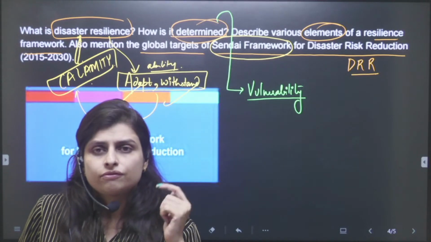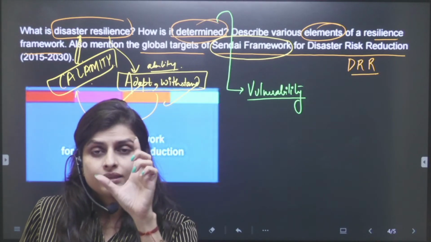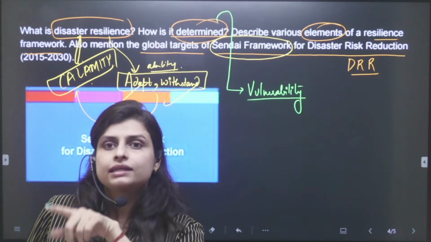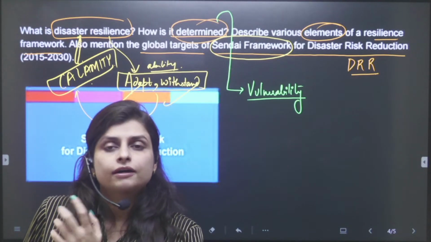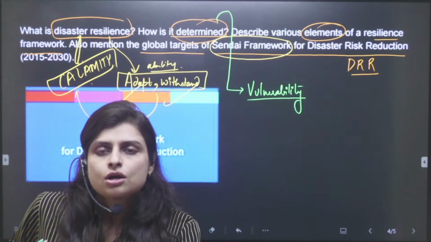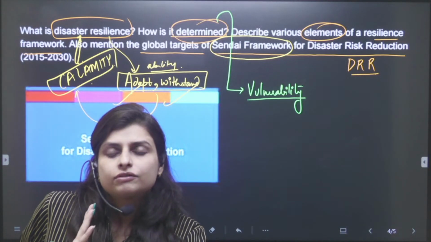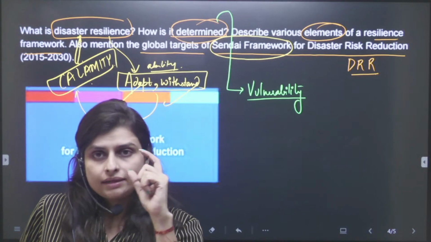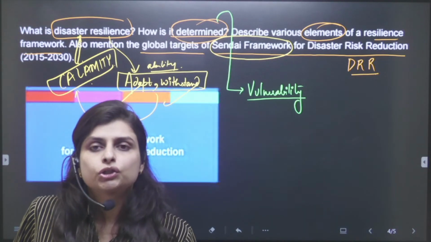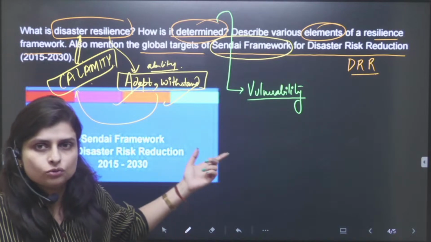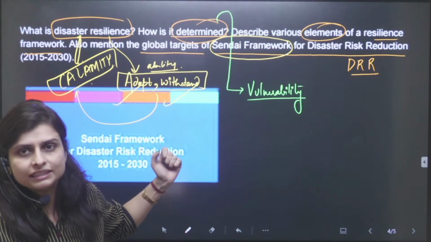Similarly, the areas of West Bengal are witnessing frequent cyclones. So we need to have a framework where we know which region is vulnerable to which disaster. So we need to have a check on the vulnerability area.